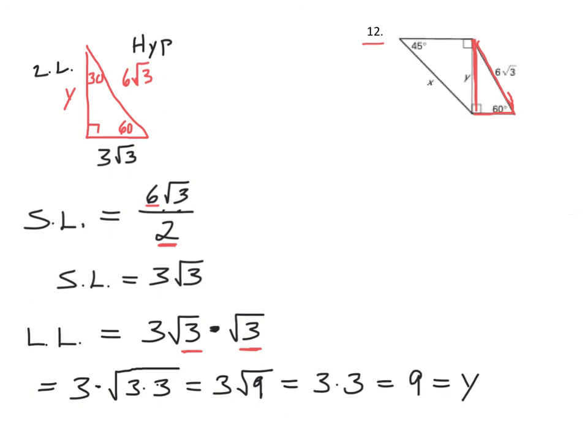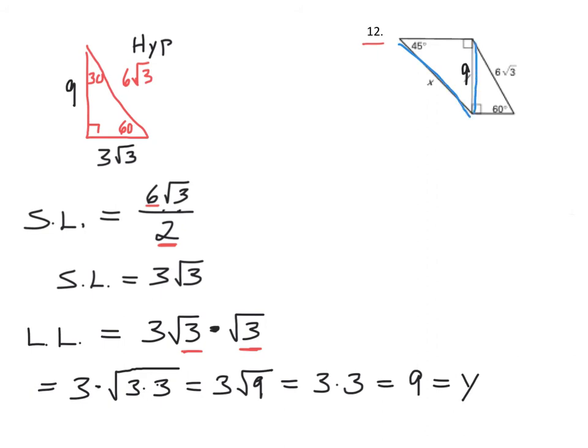So now let's go back. I can plug that into the picture that I drew on the left, and I can also plug that back into my original picture. So we said the long leg was 9, and y in here is 9. Now, I'm not done. Now I need to solve for x.